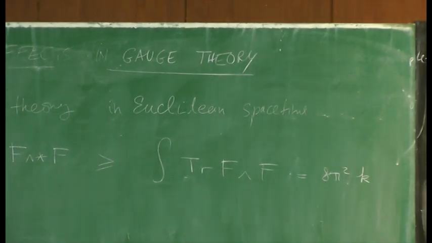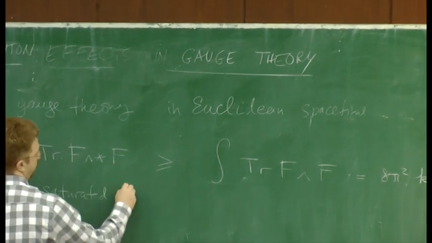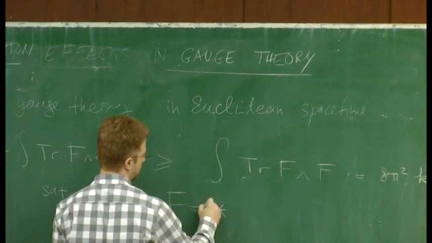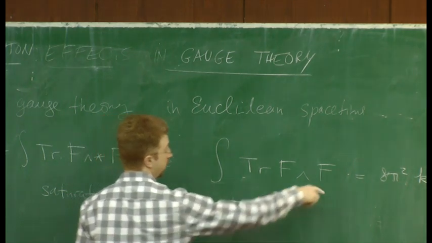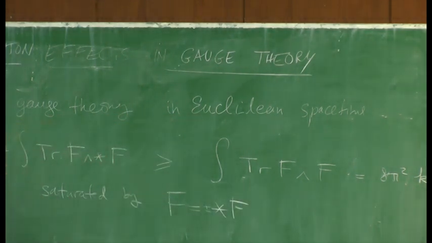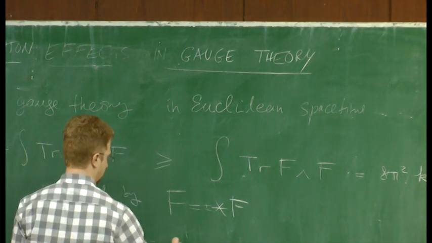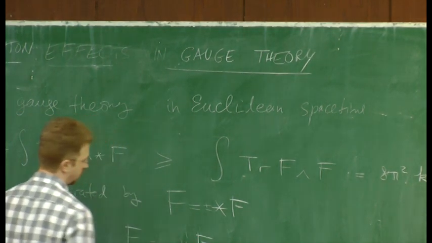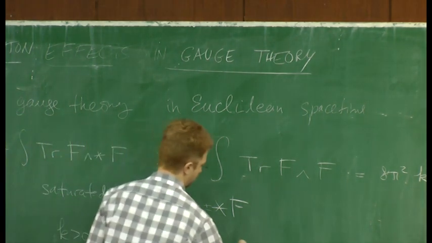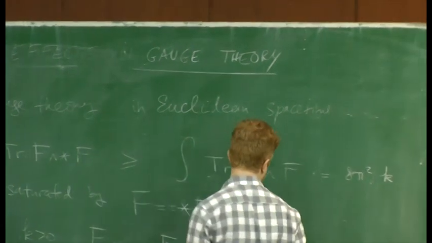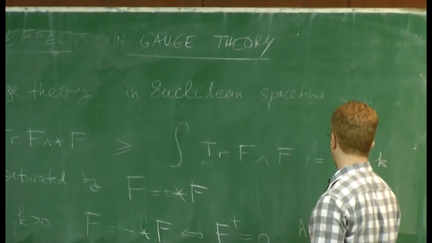And so this bound is saturated by the solution of the self-duality or anti-self-duality equation, depending on the sign. My convention is such that for k positive, I will take the minus sign here. So this is what is called the anti-self-dual gauge field.